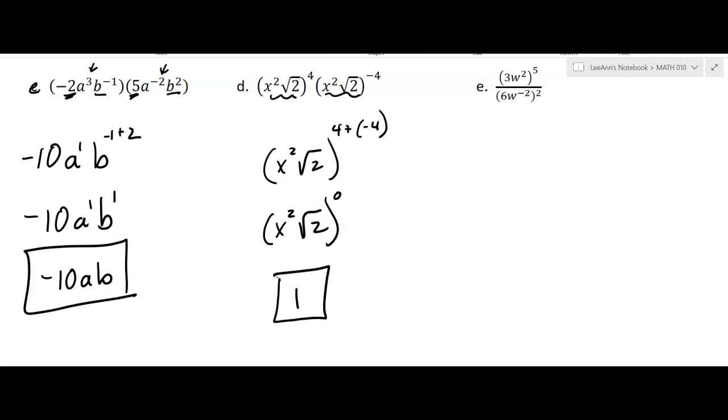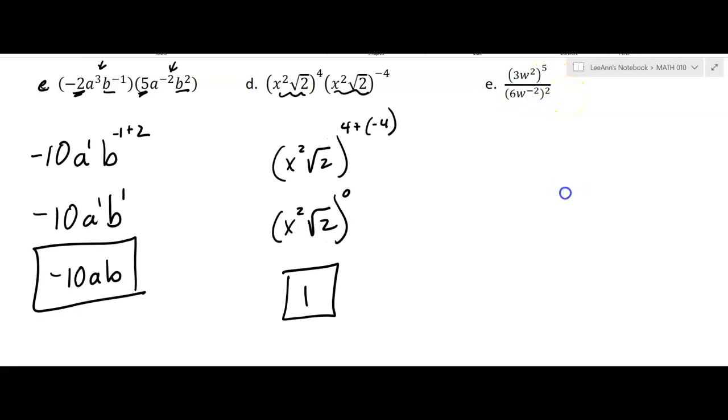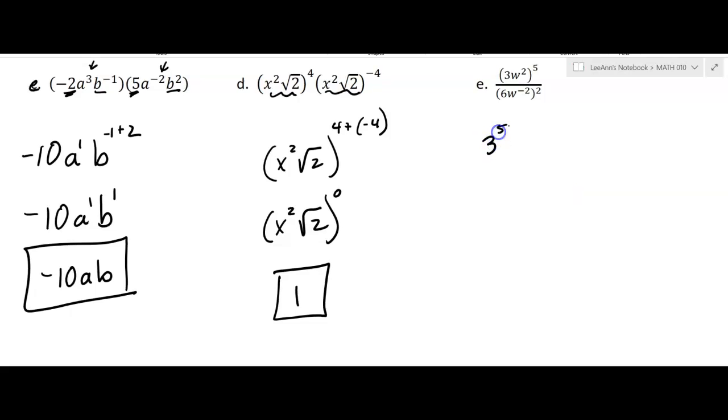Okay. What have we got on the last part here? Well, you've got to take them piece by piece. The bases aren't the same and the exponents on the outside aren't the same. So you're going to have to go 3 to the 5th power, w to the 10th, and then in the bottom it'll be 6 squared, and w to the negative 4. Okay.